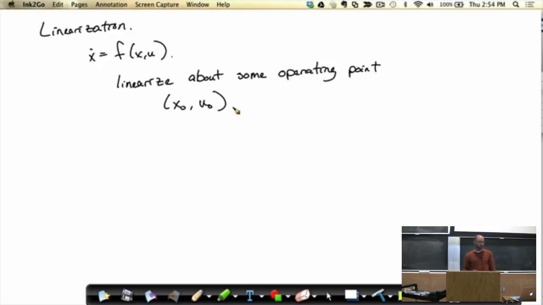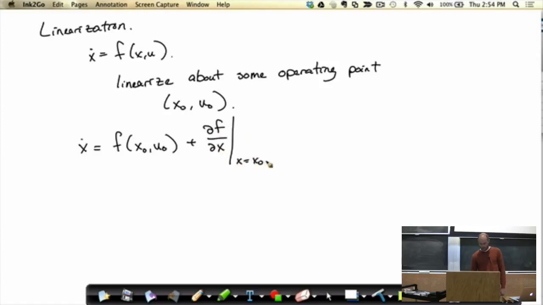And linearization is trivial. We're just going to do a Taylor expansion of this function f to first order, right? So the way you've done Taylor expansions before, I'm going to say x dot is just my function evaluated at that operating point, plus the partial derivative of that function, also evaluated at the operating point, and the same thing in the other coordinate.